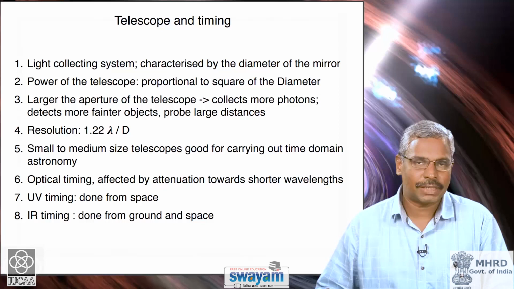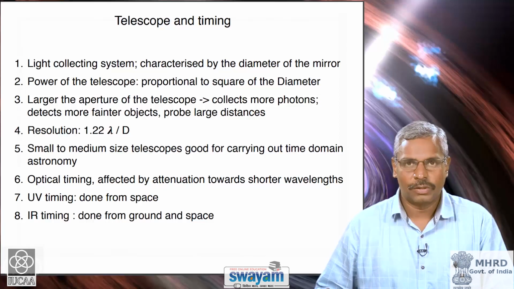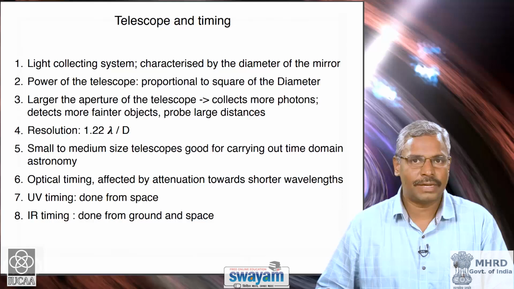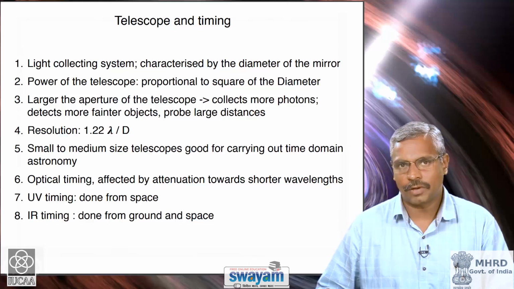This is also characterized by the resolution, which depends on lambda and the diameter of the aperture of the telescope. So, for timing observations, small to medium size apertures are sufficient to carry out good quality time domain astronomy. This also depends on the brightness of the objects you are targeting.